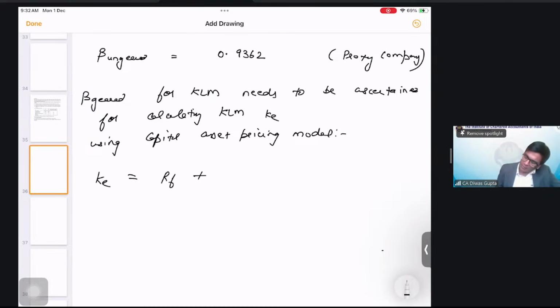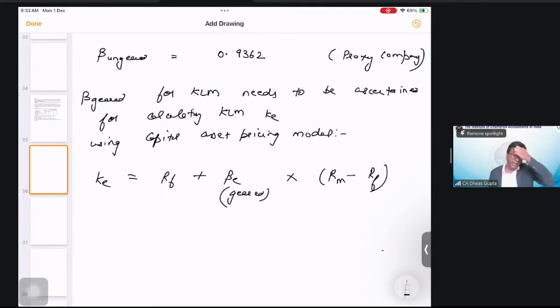Risk-free rate of return plus beta of equity. This we need for the geared beta, multiplied by the market premium, right? Which is the return of market minus risk-free rate of return.